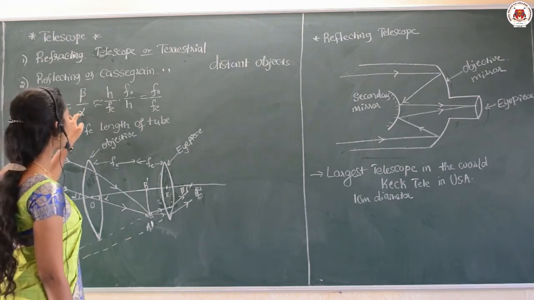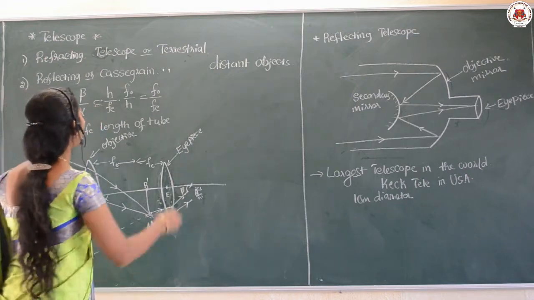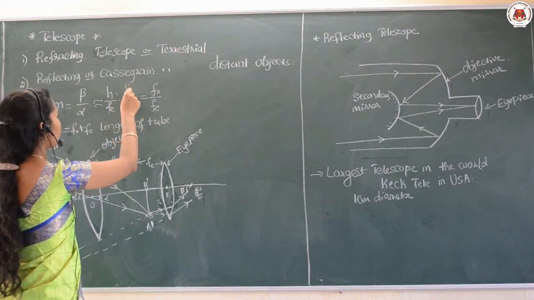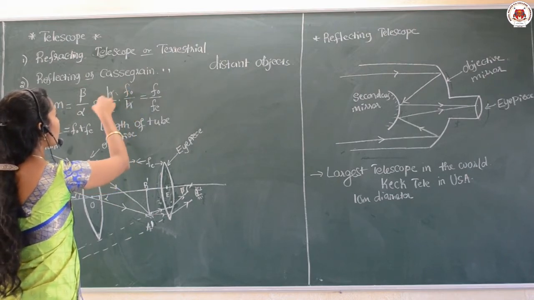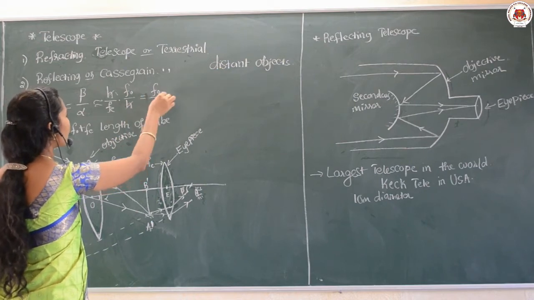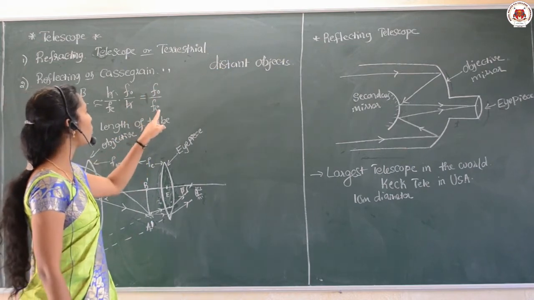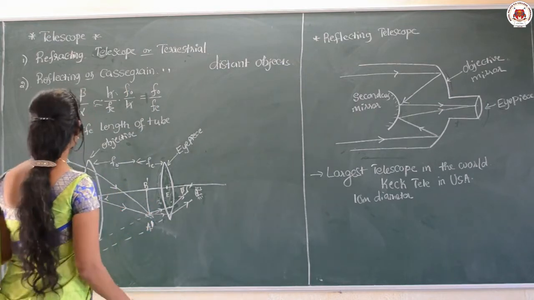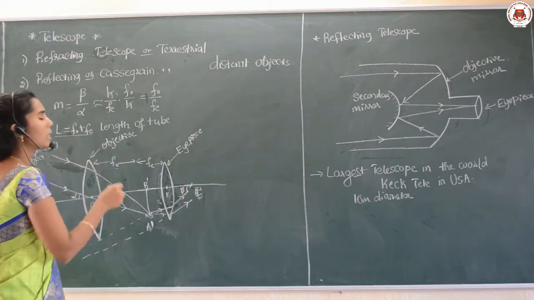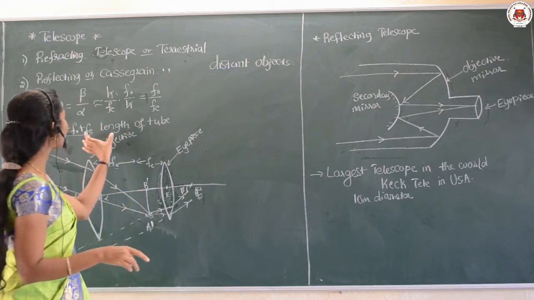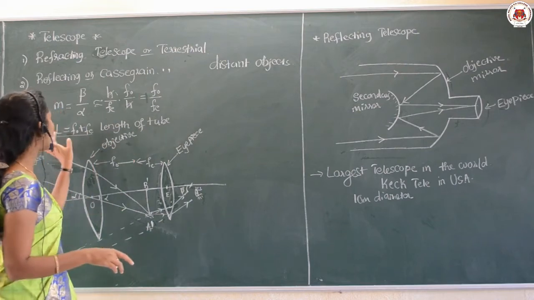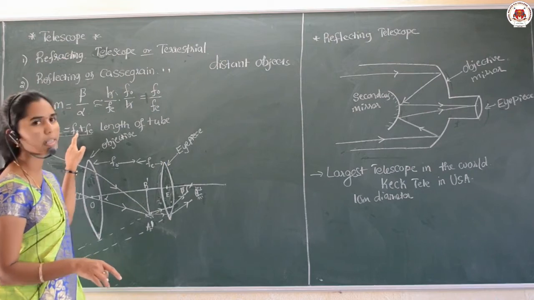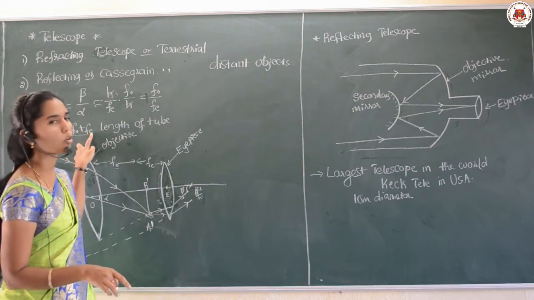That beta upon alpha is approximated to h upon fe, then fo upon h. Then these two h get cancelled, so you get m equal to fo upon fe. The magnifying power is given. And remember, in the telescope, the length of the tube L is given as the focal length of the objective lens plus the focal length of the eyepiece, L = fo + fe.